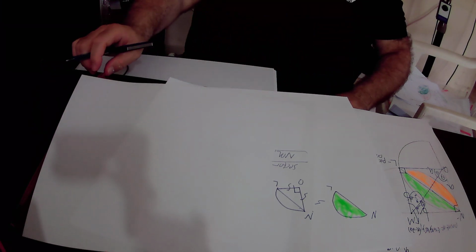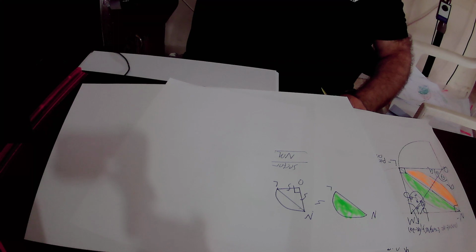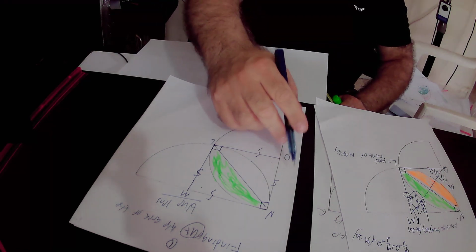This is sector NOL, minus the area of triangle NOL.